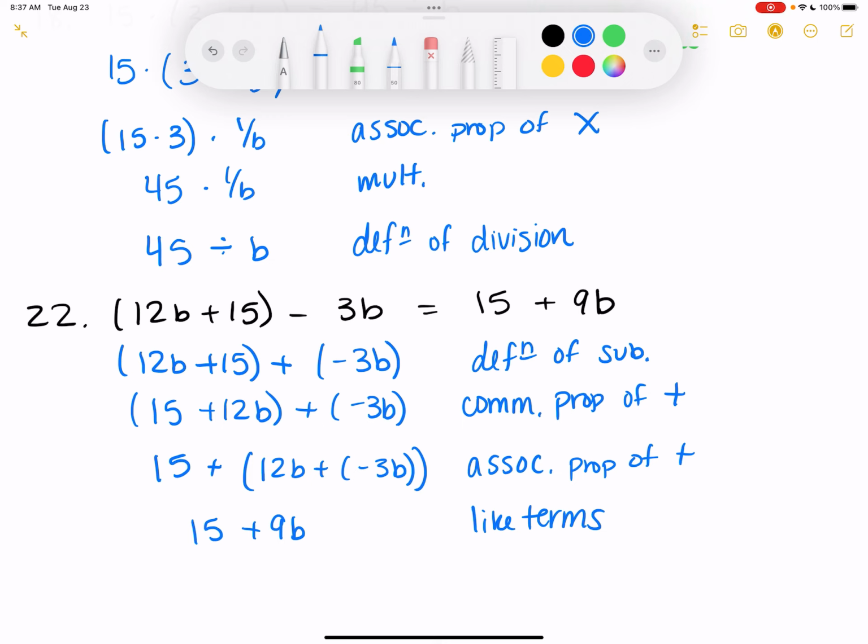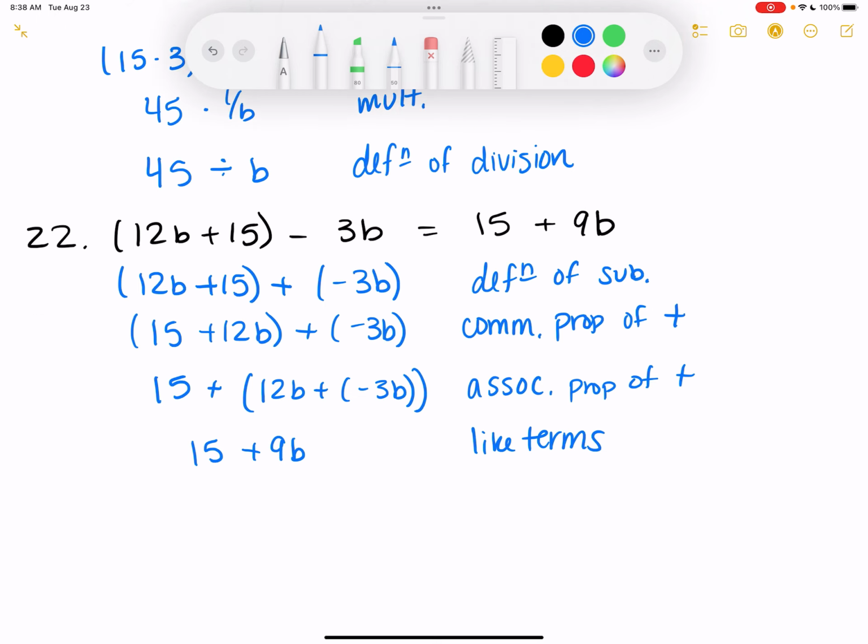I know that is not at all how you would actually solve that problem in your brain, but it's the first justification of why you're allowed to do things. This is the one and only section where you will have to do this.